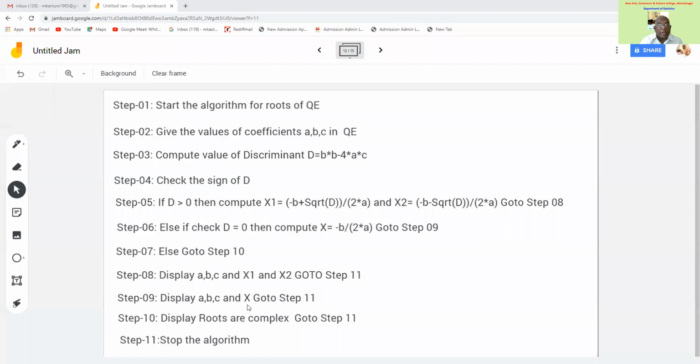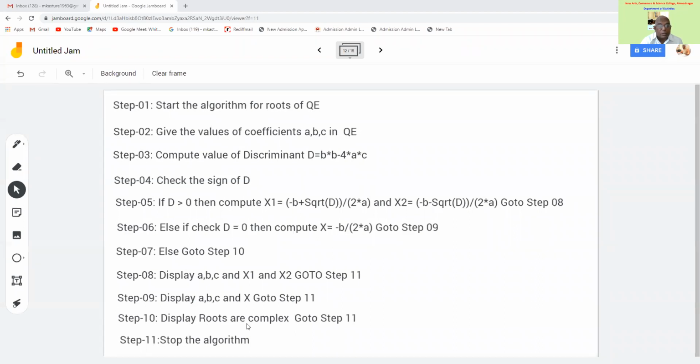Now if again d is not 0, then the third possibility is obvious, because d is not greater than 0, d is not equal to 0. So the third possibility is only one, and that is d less than 0. So if d is less than 0, we else go to step number 10. And step number 10 is what? Display roots are complex.